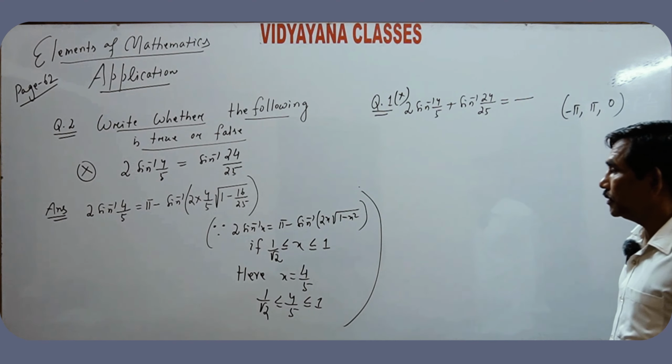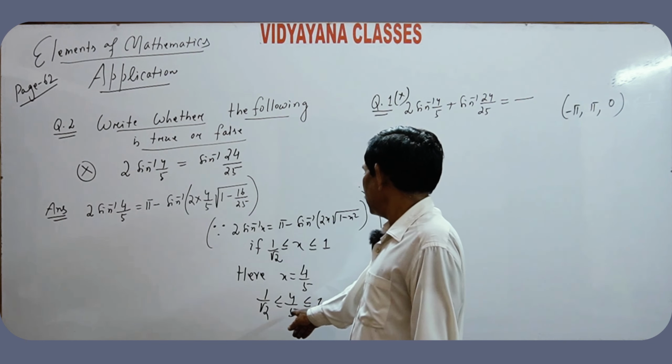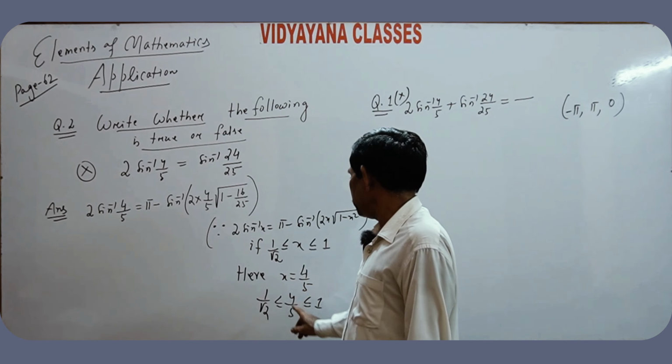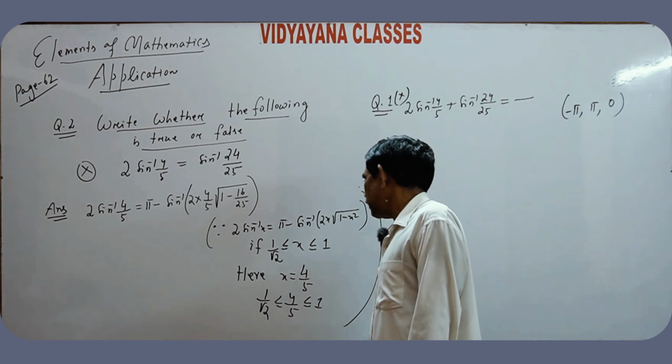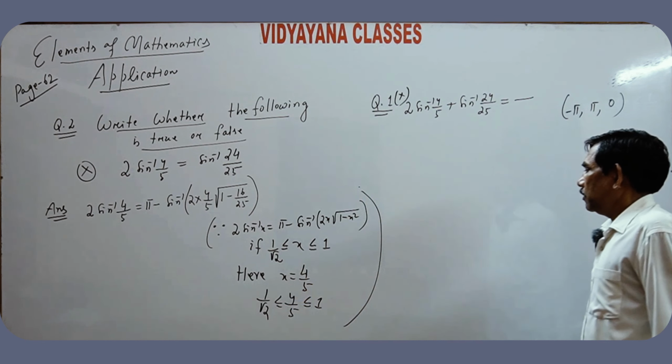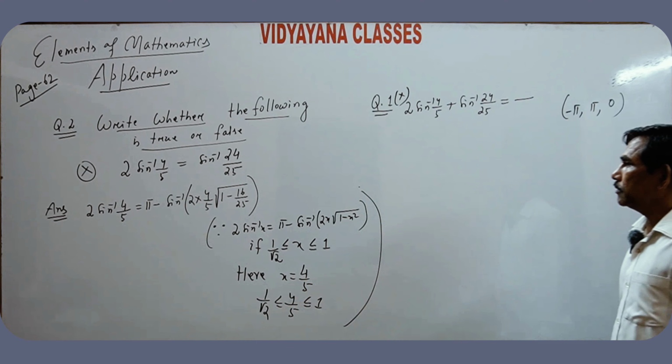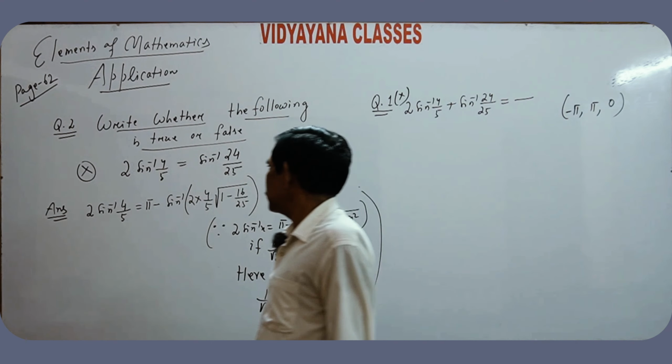Clear? Since x is 4 by 5, it lies between the closed interval 1 by root 2 and 1. So we can apply this formula.